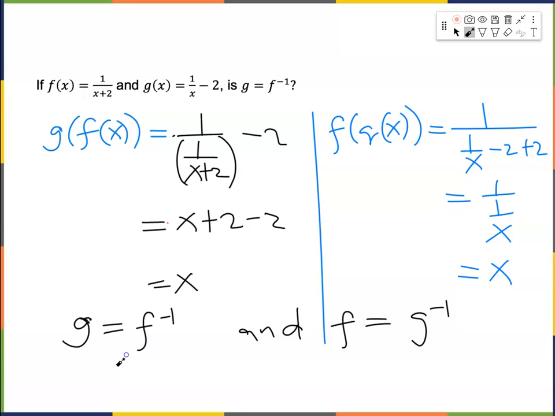So 1 over (x minus 2) plus 2, and minus 2 plus 2 is 0, and that becomes 1 over x. Get the reciprocal of this, and that's simply equal to x.